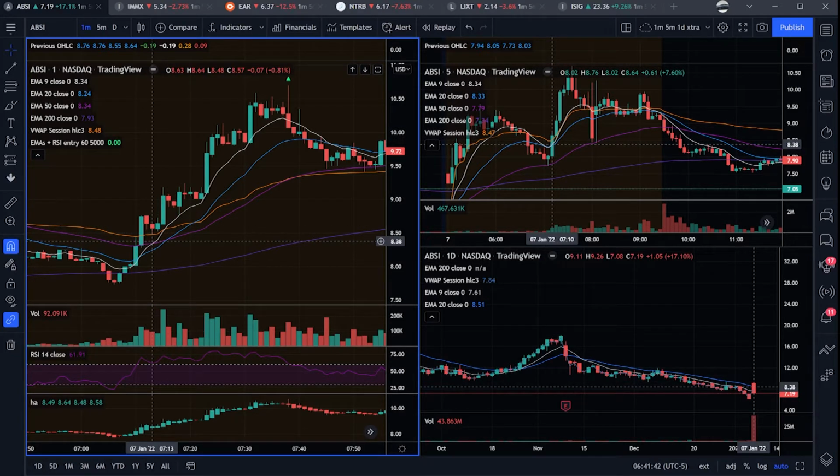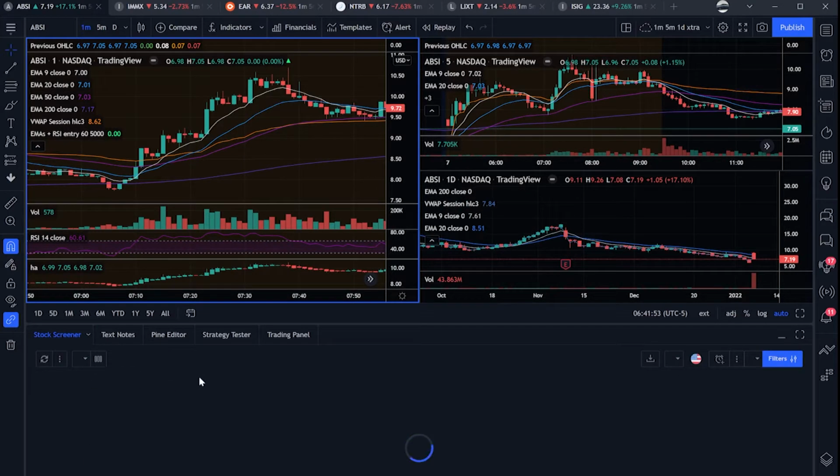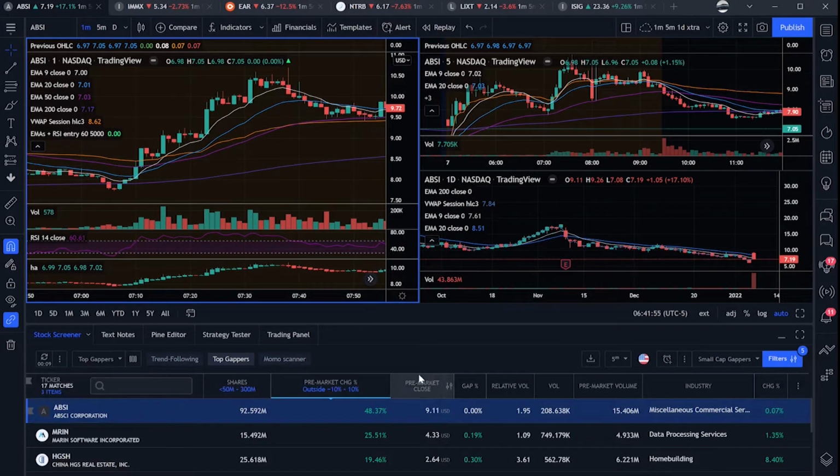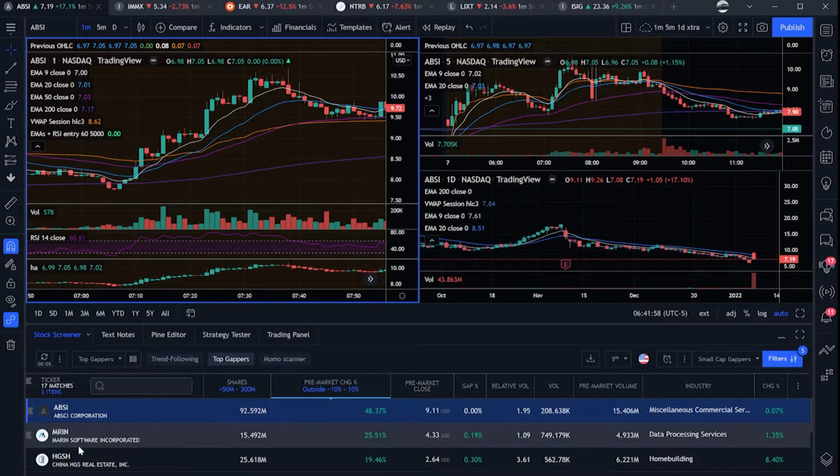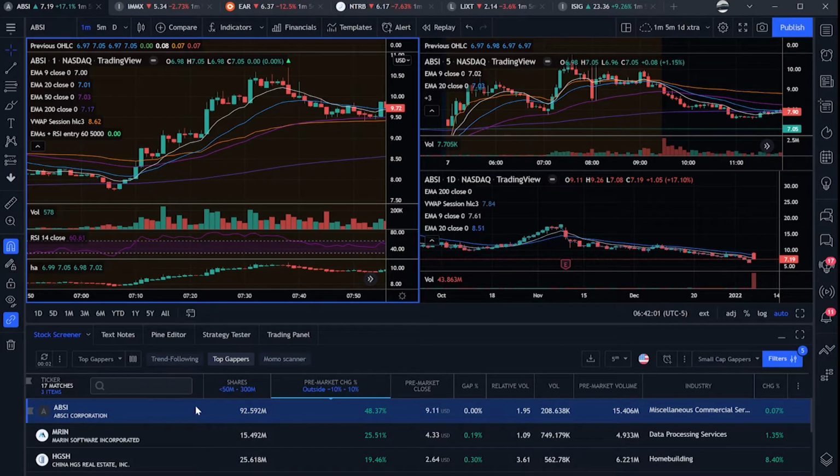That's already a mid-cap stock, but just to give an idea, we're referring to stocks that I usually screen with my small cap gapper stock screener, which you can find a video on also on the channel.